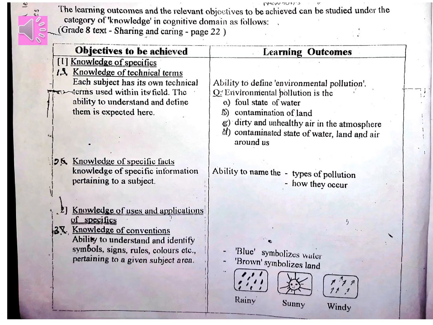How can we test that? By giving them a question. Now for example, this lesson is about, as I have mentioned on the top, grade 8 text, the old version, right? Sharing and caring, page 22. This is about the environment, how to protect the environment.